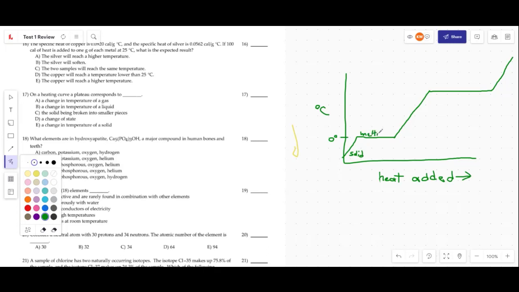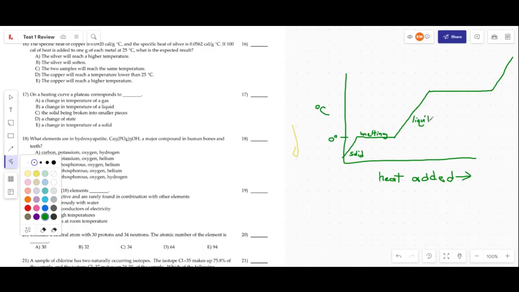The temperature stays the same, but the energy going into it is being used to break apart those attractions holding it together as a solid. Once those attractions are broken apart, you now have a liquid, and the liquid begins to warm up again.